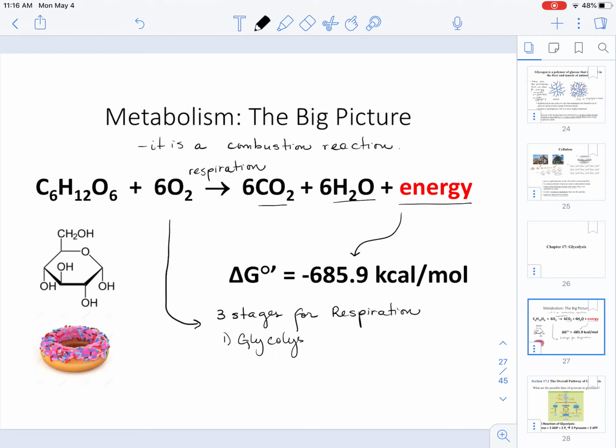The second stage is the citric acid or tricarboxylic acid cycle. It is also known as the Krebs cycle. And then the third stage is going to be oxidative phosphorylation. Understand that stage 2 and stage 3 are going to come in later chapters.